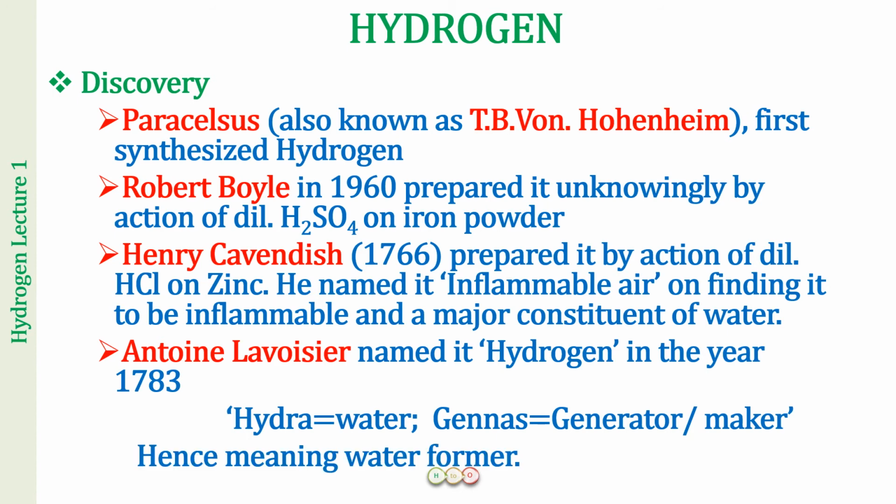Thus, hydrogen means water former. Because hydrogen is a major constituent of water, he named the inflammable air hydrogen. I hope you found this story correlating every name interesting, and I hope you will remember these names. They are sometimes asked in the examination.